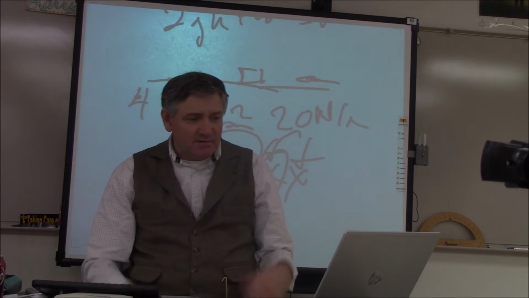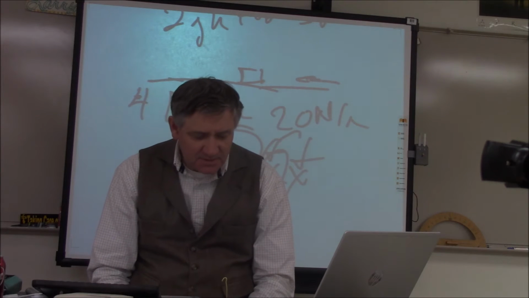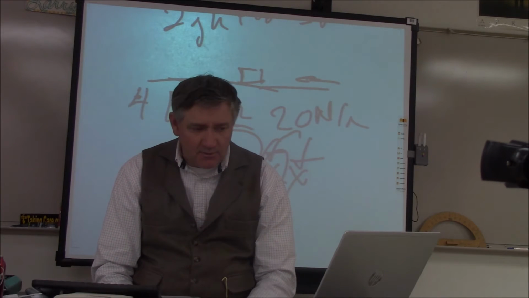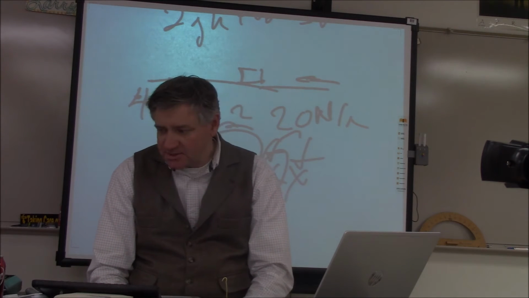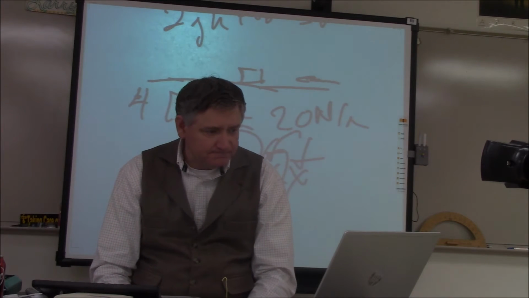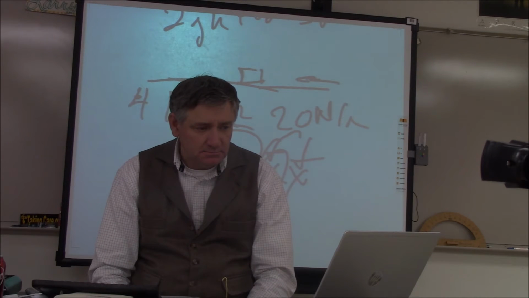Then it's just a matter of solving for x. So your answer to 4C should be around 0.3. That's an ish, but it should be something around 0.3. So Bodie, did that make sense? Okay.